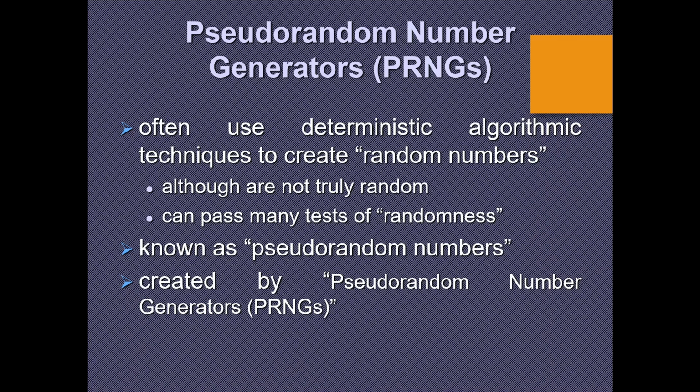They produce sequences of numbers that are not statistically random, but if the algorithm is good, the resulting sequences will pass many reasonable tests of randomness. Such numbers are referred to as pseudo-random numbers, and they are created by pseudo-random number generators.